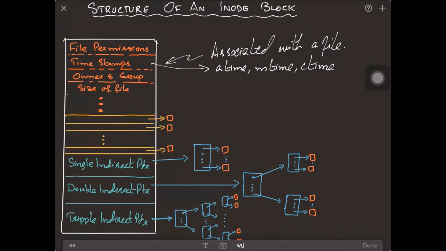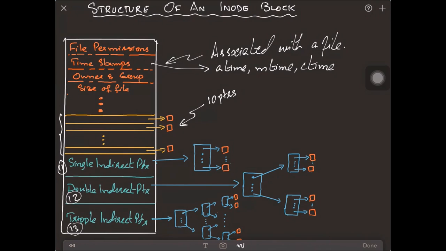Right, gentlemen, there are about 13 pointers in this structure. You can see with the yellow portion there are 10 pointers over here. Then we have the 11th pointer over here, the 12th pointer which is double indirect, and the 13th pointer which is the triple indirect pointer.